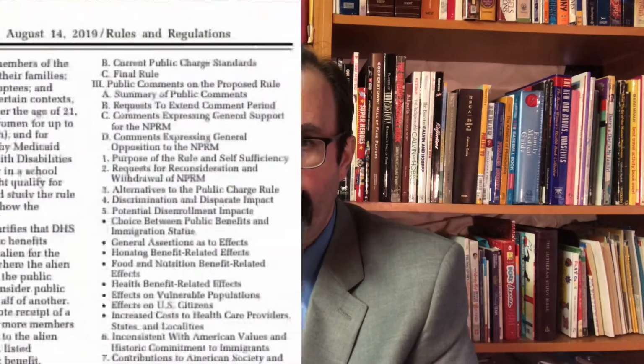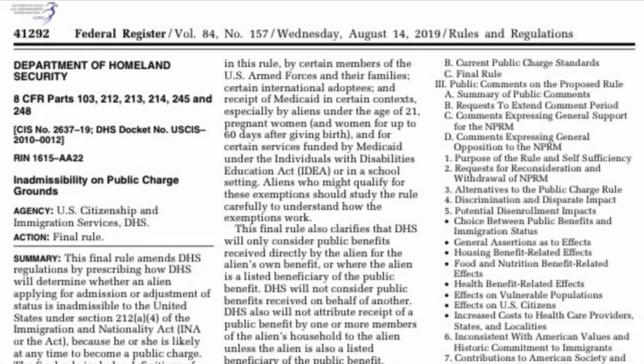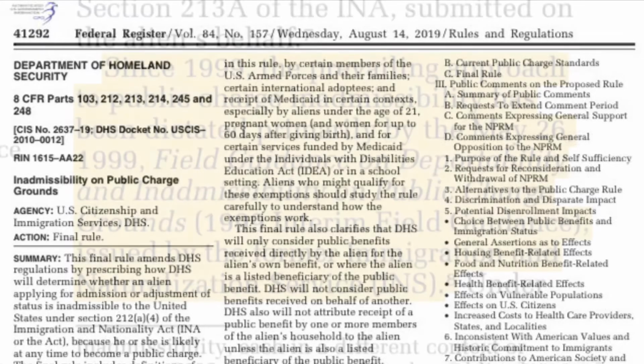The prior interpretation focused on cash assistance, like SSI. SSI is a cash assistance program that makes sure that a disabled person has a minimum level of income. DHS published its new rule in the Federal Register on August 14, 2019.